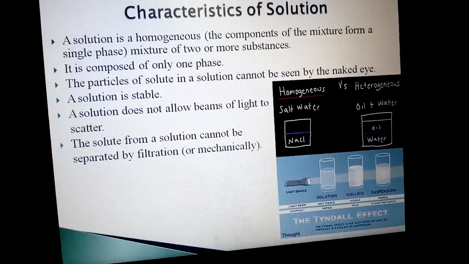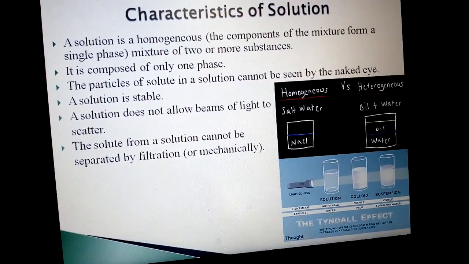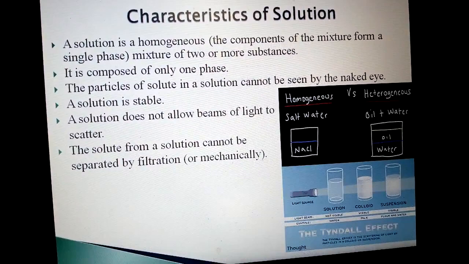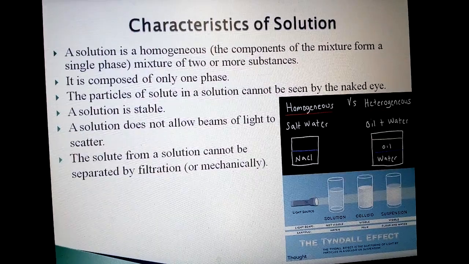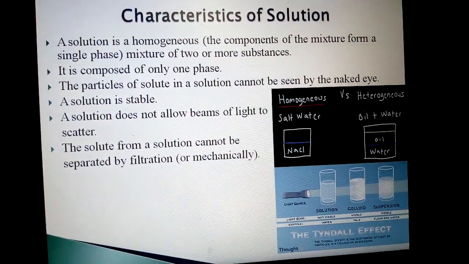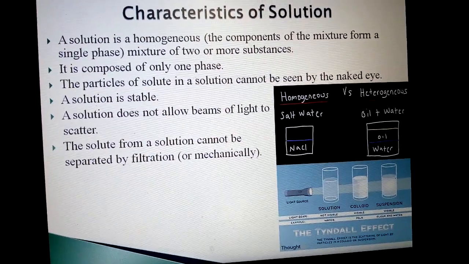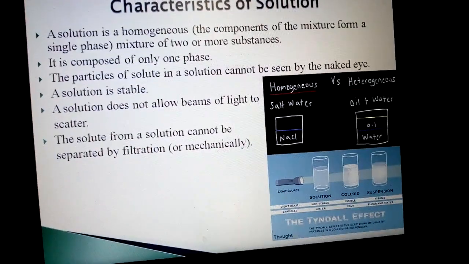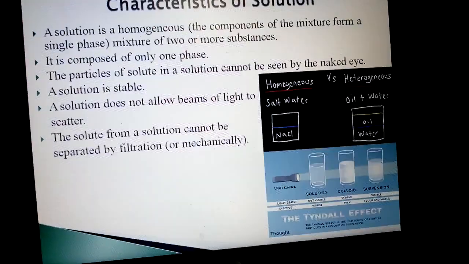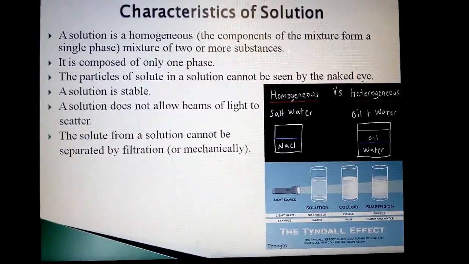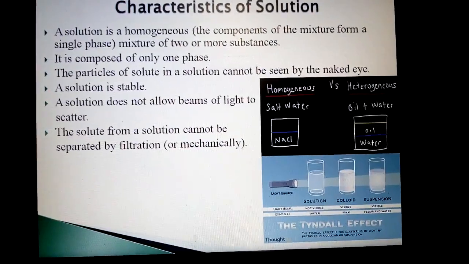But whenever we discuss solution, we generally define a solution as a homogeneous mixture of two or more substances. Homogeneous is what? Homogeneous is that substance which is completely miscible. In that slide we can also differentiate what is homogeneous and heterogeneous.